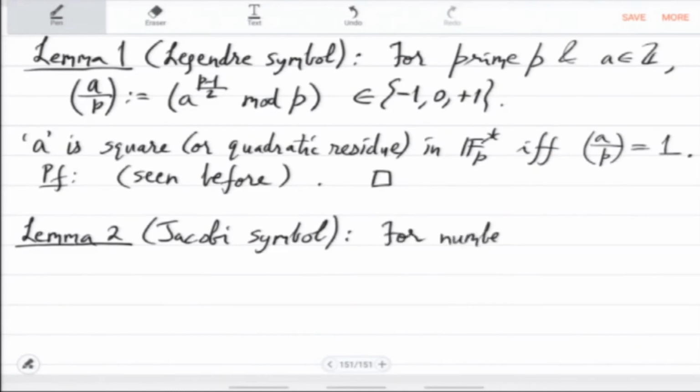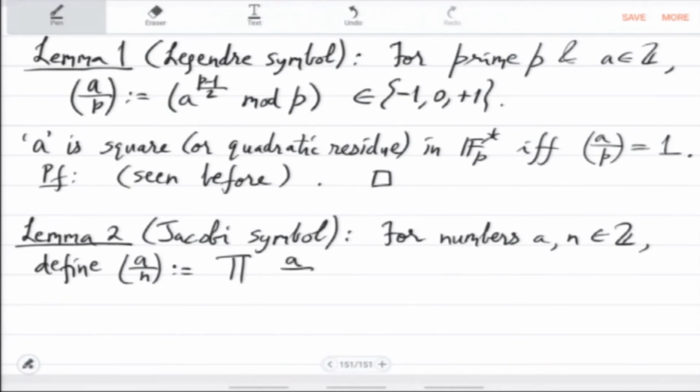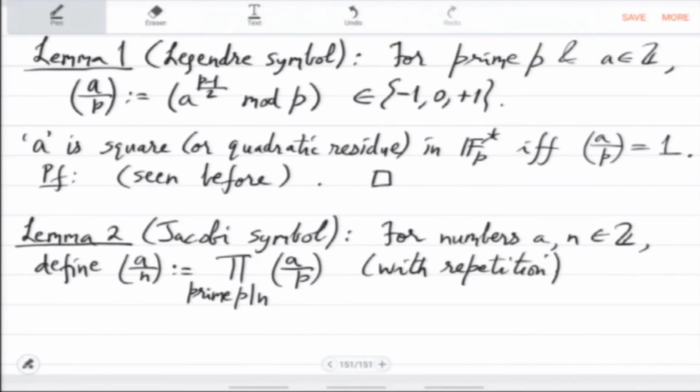For numbers A and N, A by N is defined by factorizing N into primes and then multiplying the Legendre symbols, with repetition. So if p squared divides N, then you will be multiplying A by p two times. This is called the Jacobi symbol, and it has amazing properties.